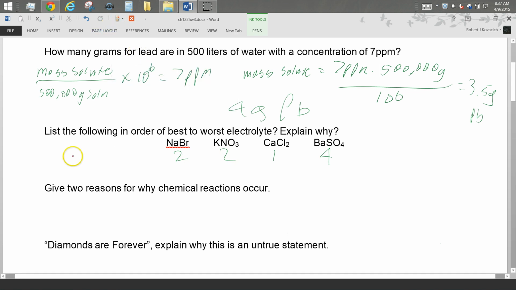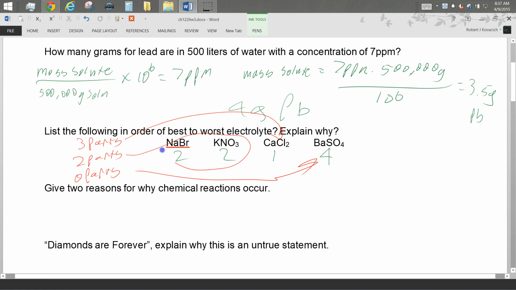So 3 parts, 2 parts, 0 parts. So there's my 0 part, there's my 3 parts, and then those are my 2 parts. So if you put either one of those into water, with the same amount, you get the same electrolytic effect. Hopefully nobody tried to break up the nitrate into its components, the nitrogen and the oxygens, because it's a polyatomic ion, so it's stable, so that's not going to happen.